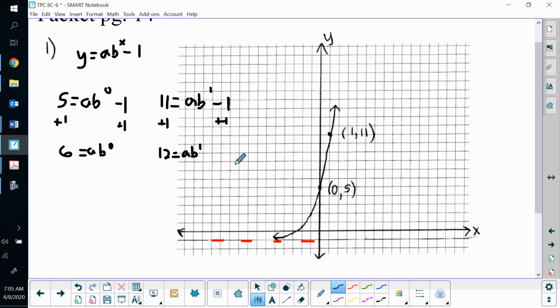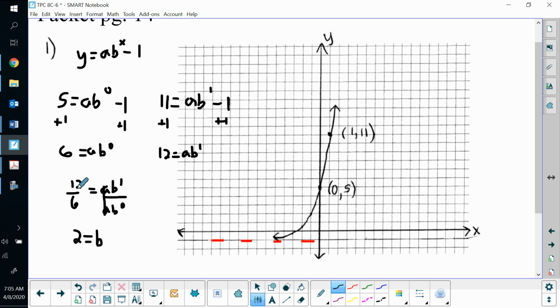So now it's very similar to what we did before. So bigger equation goes on top, so we'll do 12 over 6 equals ab to the first over ab to the 0. Divide the left side, we get 2. The a's wipe out. When we subtract our exponents, we get b to the first, which is the same as just saying b.